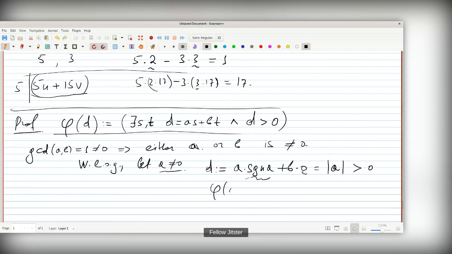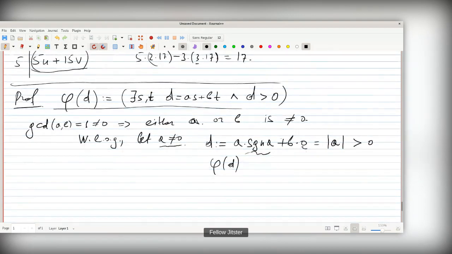Hence, for our d, this property phi holds. Okay, there are such numbers. It is possible to construct a positive linear combination of a and b.